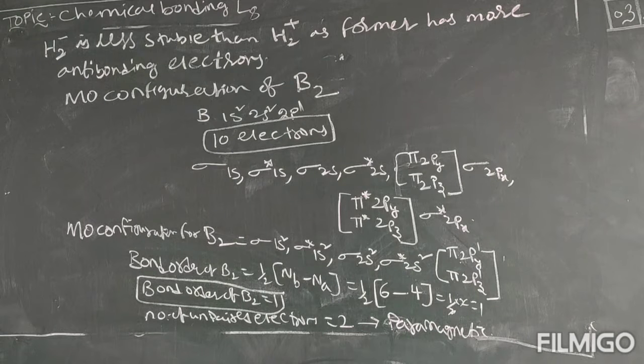Hope you have understood how to write the molecular orbital configuration. Now you can try for the carbon C2 molecule and also for the N2 molecule and the O2 molecule. You can try the molecular orbital electronic configuration for C2, N2 and O2.